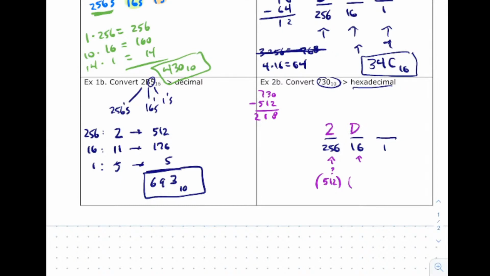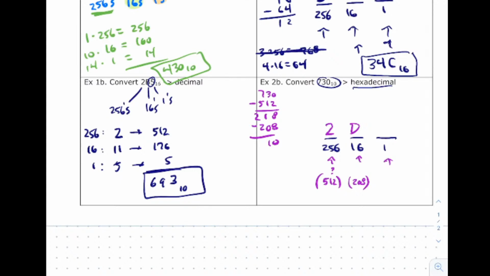And 13 times 16 sucks up 208. So if I suck up 208 more, notice I've still got 10 left to put in the 1's place.